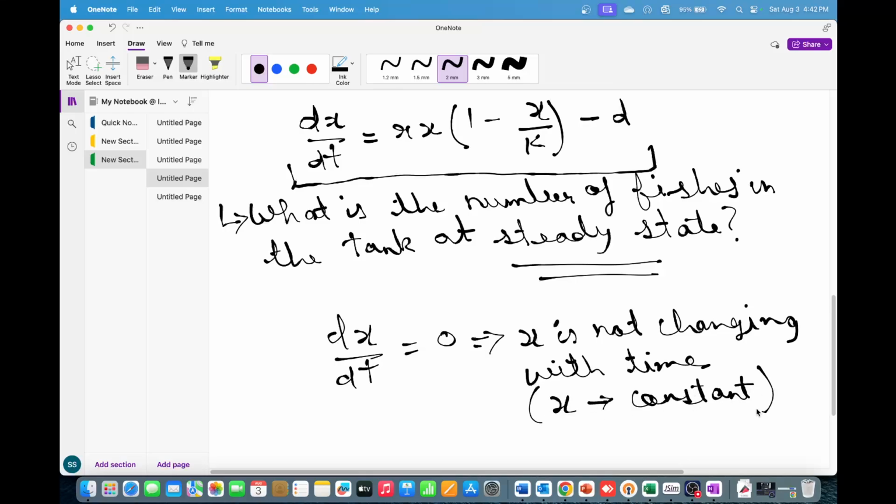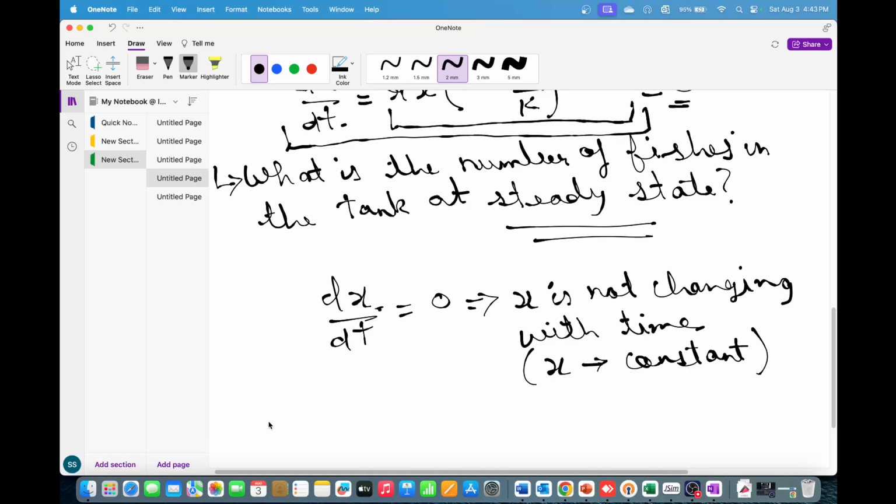So you are asked to find x at which dx/dt equals 0. It's quite straightforward. In this equation, you equate the whole thing to 0, because dx/dt at steady state will be equal to 0.